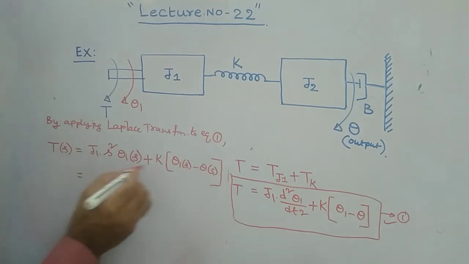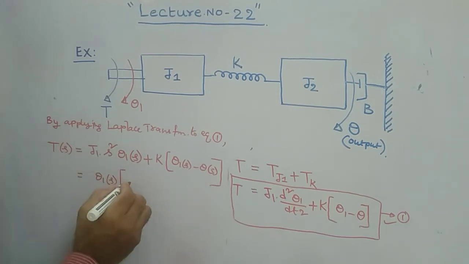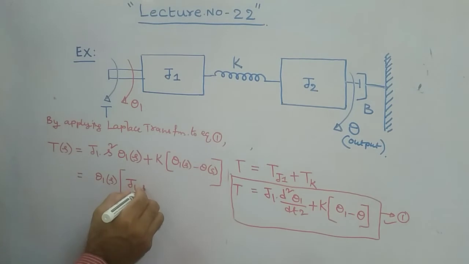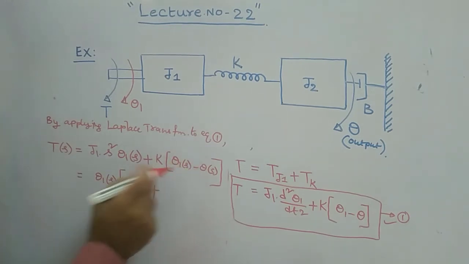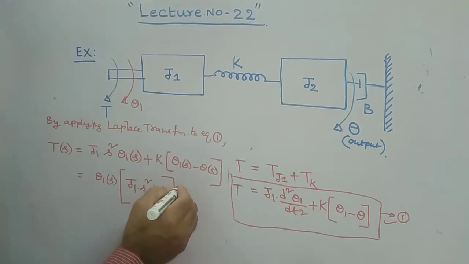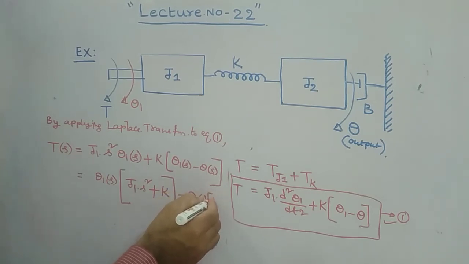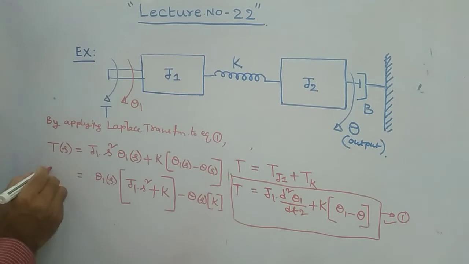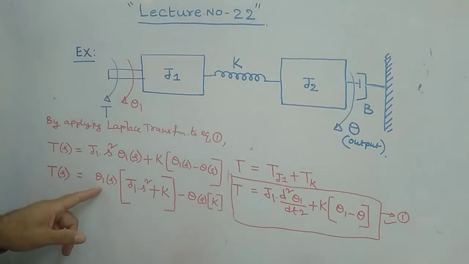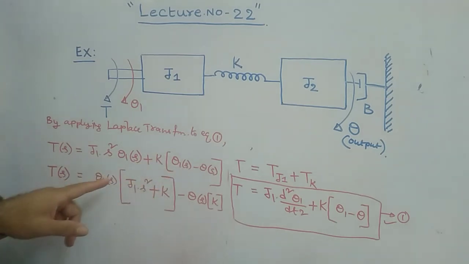This is equal to, taking theta 1 of S as common, J1 into S square plus K, because theta 1 already came outside, minus theta of S into K. Theta 1 of S we have taken common here, therefore J1 S square plus K comes here.